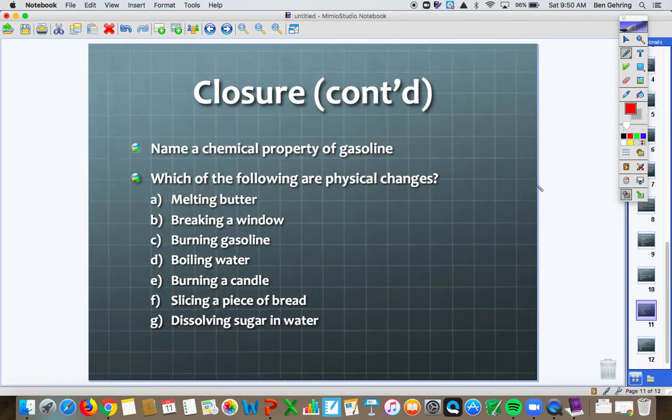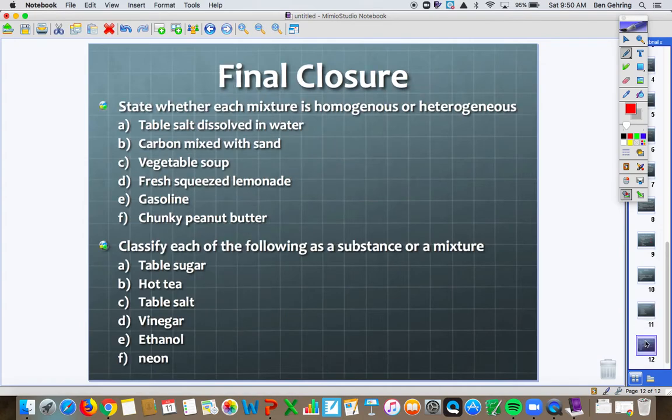Here's a couple more. So I want you to name a chemical property of gasoline for the first one. And then I want to know which ones of these are physical changes. So A through G, which ones are physical changes as opposed to chemical changes? And then I have one more slide here as well. The last one, I want to know if this is a homogeneous or heterogeneous mixture.